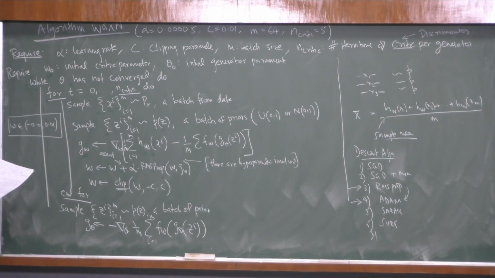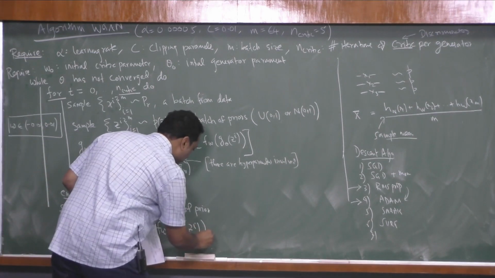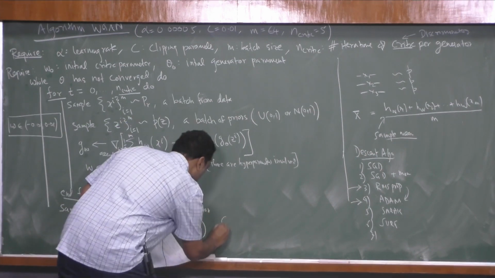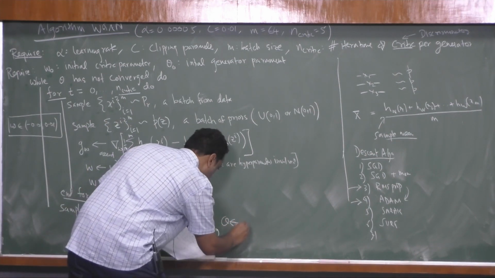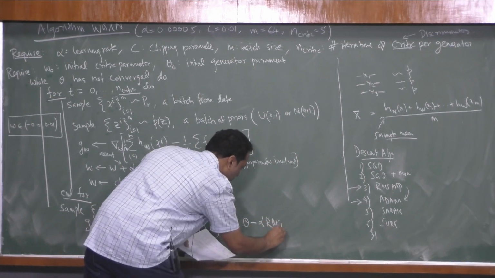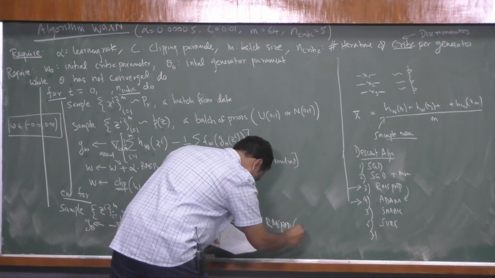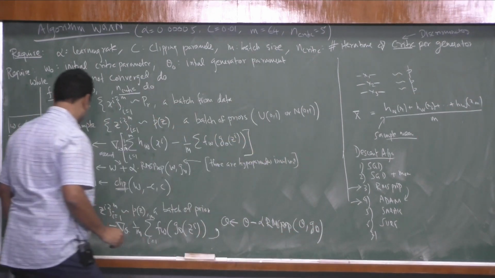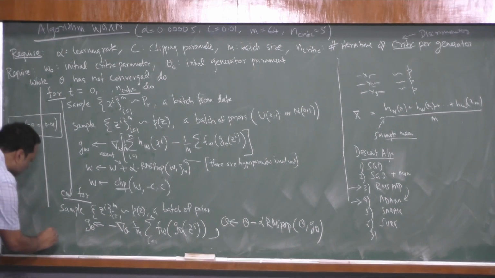And in the last line, we do the gradient descent on theta. So theta minus alpha, again using the same RMS prop, which takes theta and g theta. And this ends the while loop.